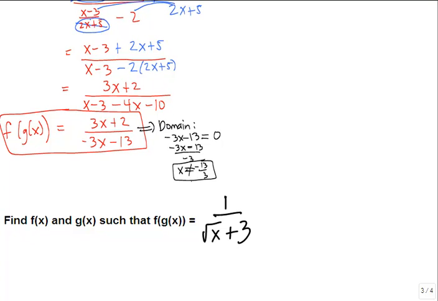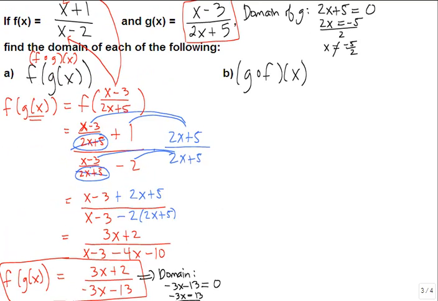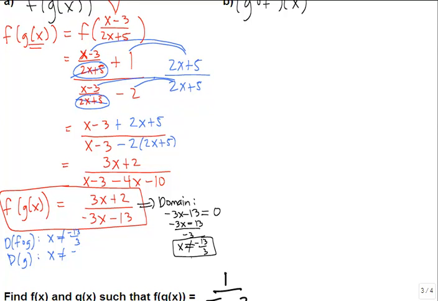So what we want to do for our final answer then is intersect these two domains. So the domain of the formula was everything except negative 13 thirds. The domain of g was everything except negative 5 halves.